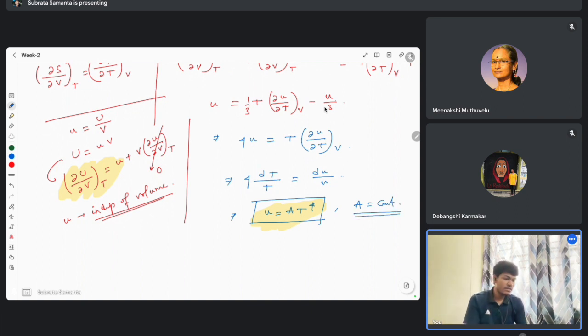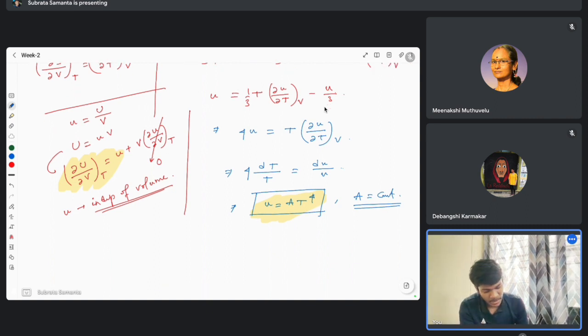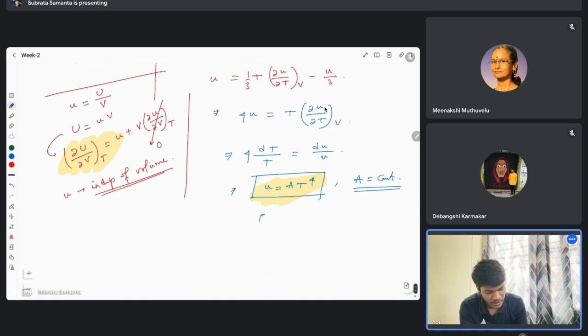So the energy density is proportional to T to the power 4. Now by dimensional analysis we can write down the dimensions of the constant a. Its unit is joule per Kelvin to the fourth and meter cubed, that is joule Kelvin inverse to the fourth, meter to the power minus 3.